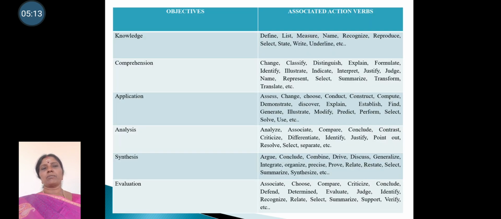According to Bloom's taxonomy, the cognitive domain has six parts: knowledge, comprehension, application, analysis, synthesis, and evaluation. The action verbs related to the objectives are given on the other side, so you can take it for your reference. You have to use these action verbs in the lesson plans.